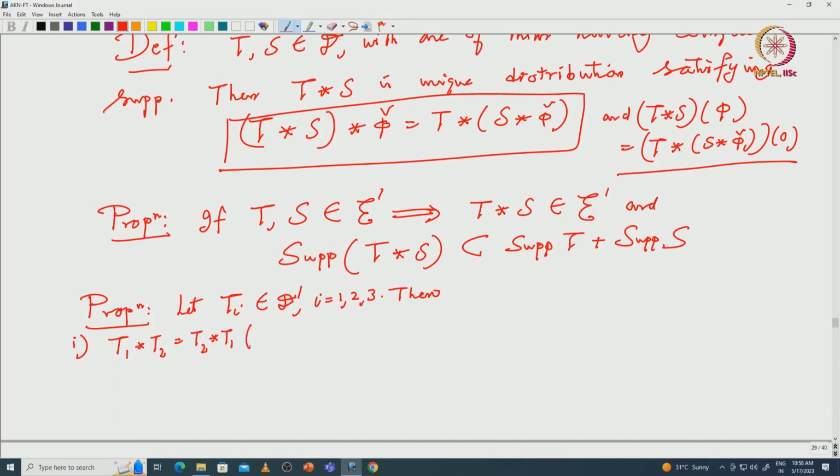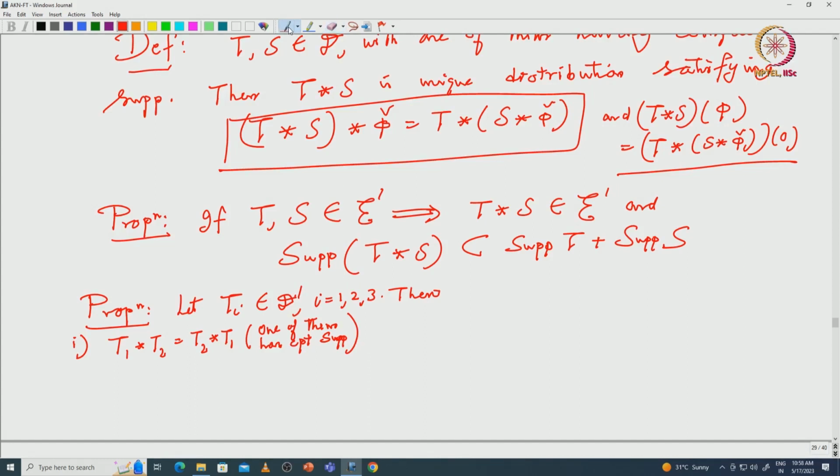Of course, here you need one of them to have compact support. So, wherever the formulas are valid, you assume the supports, and the support of T and S is already written. So, you can put it in that theorem if necessary here.